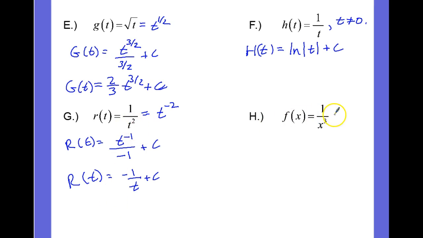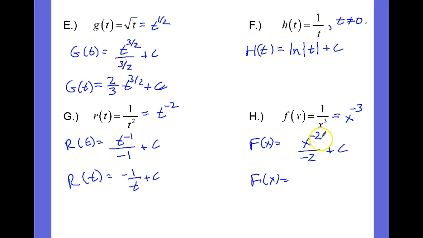And then finally in part H, let's just go ahead and do x to the negative 3. And now we can differentiate, or find the antiderivative, anti-differentiate. And so raising this up 1, we get x to the negative 2. But of course we want to divide by negative 2. And let's check and see if this works.